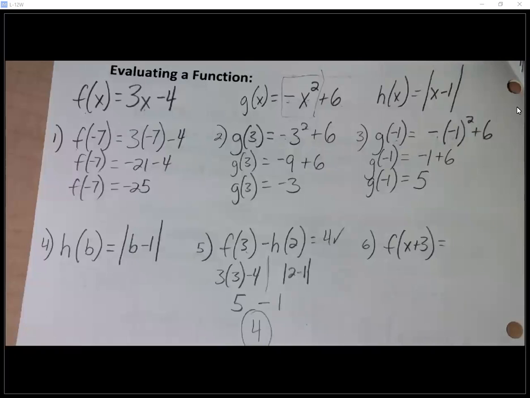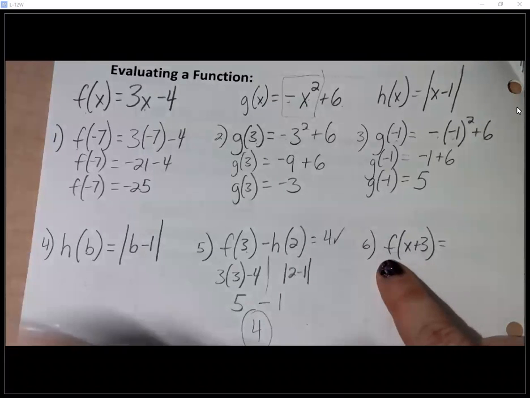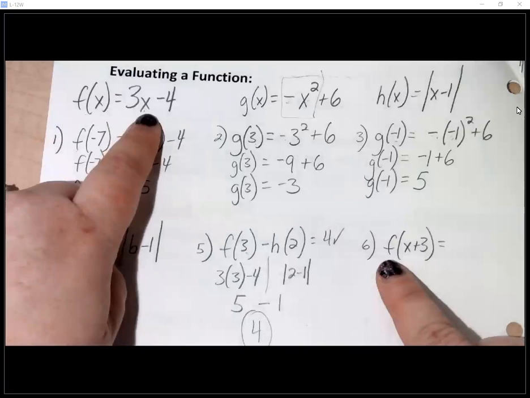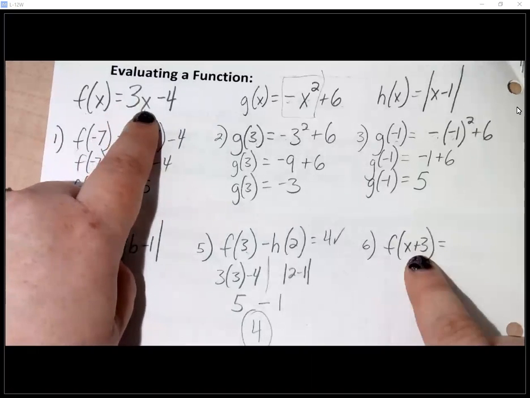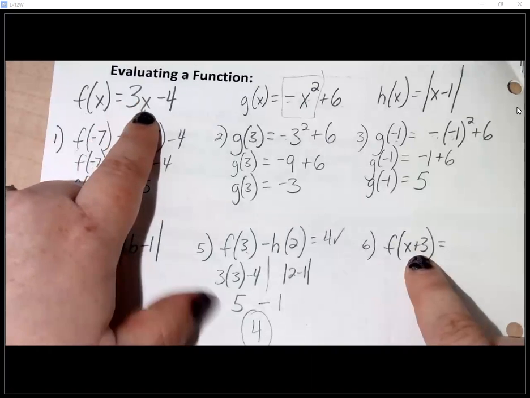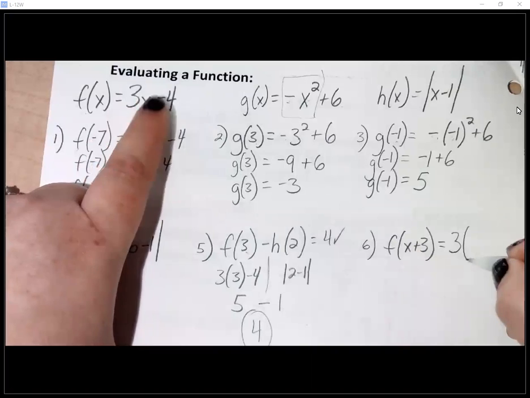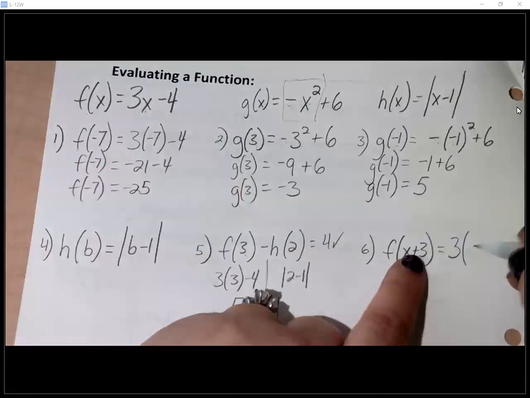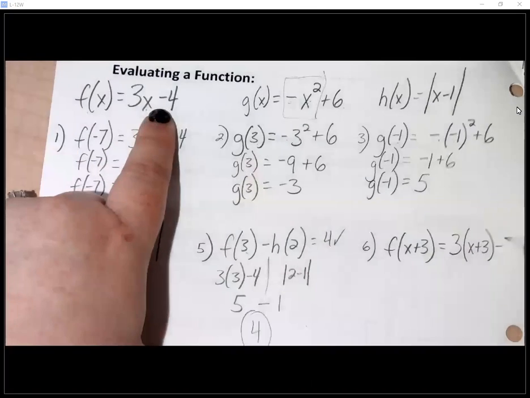So let's figure out where that comes from. f tells me I'm using the f function. I go up to my f function and write whatever the function is, but instead of writing the variable, I write whatever is inside the parentheses. So instead of writing 3x minus 4, I write 3 times everything in here, x plus 3, minus 4. It is the same f function.